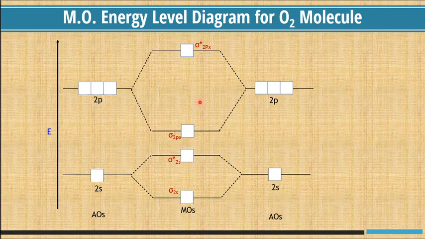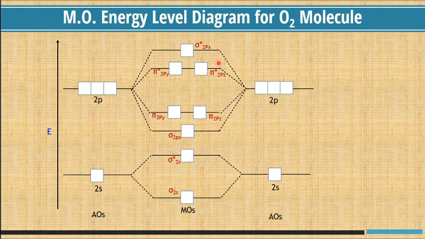Similarly, 2py and 2pz atomic orbitals from both oxygen atoms combine together and give rise to the pi 2py and pi 2pz bonding molecular orbitals and pi star 2py and pi star 2pz antibonding molecular orbitals.